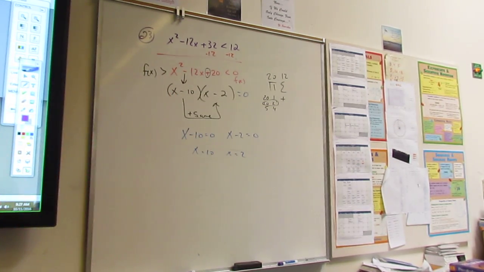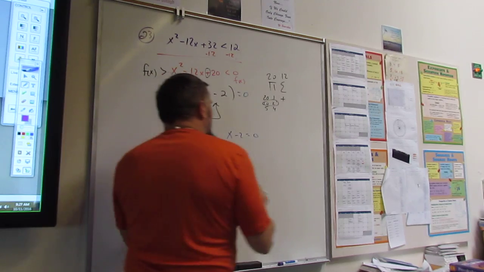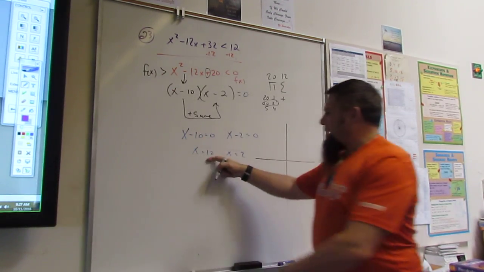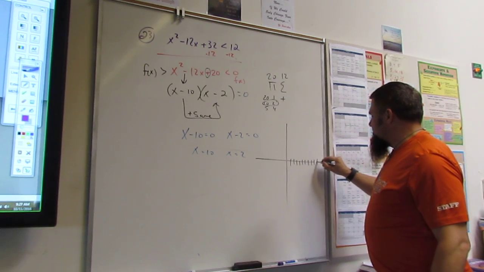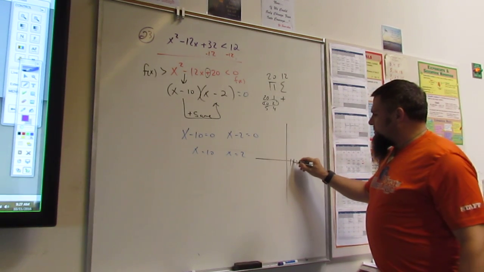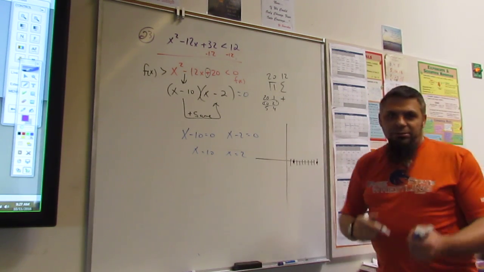So those are my x-intercepts, right? Well, what's my y-intercept? Or do I need it? I can graph this, correct? X is 10. 1, 2, 3, 4, 5, 6, 7, 8, 9, 10. 2. 1, 2, right?